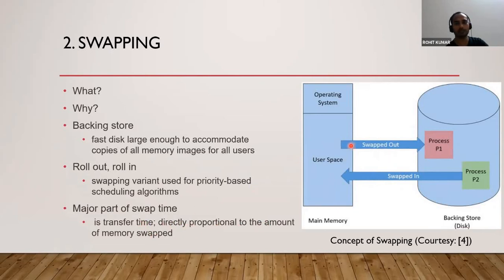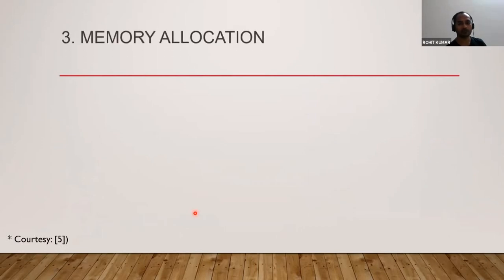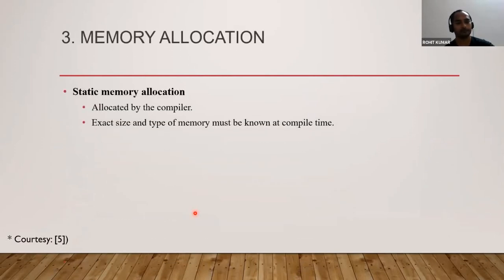If the memory you want to free is more, then swap time will be more because you need to swap out more processes or a process of large size. Similarly, it depends on how much memory size or how many processes you are trying to swap in. Your transfer time will depend on these criteria. I think this point is quite clear and simple: more data to transfer obviously needs more transfer time.